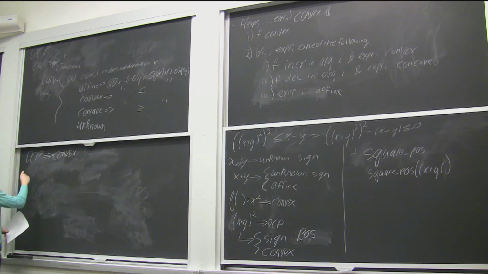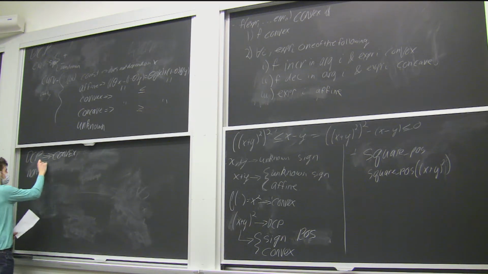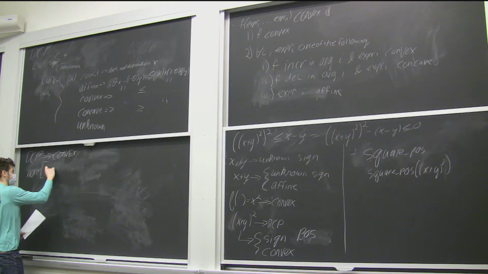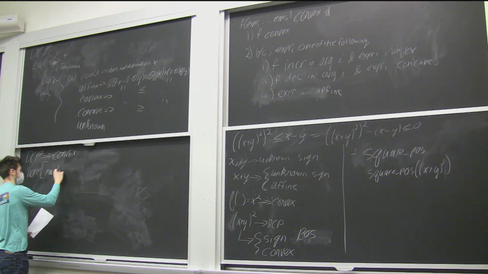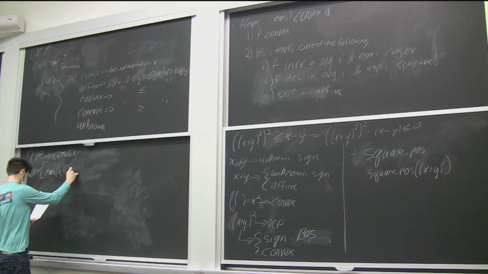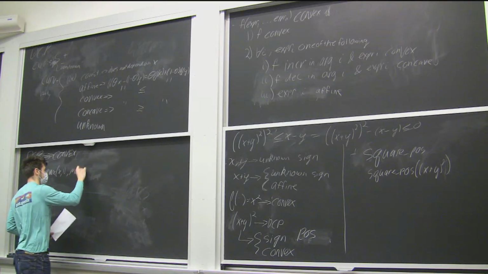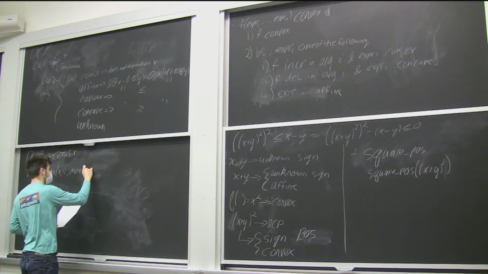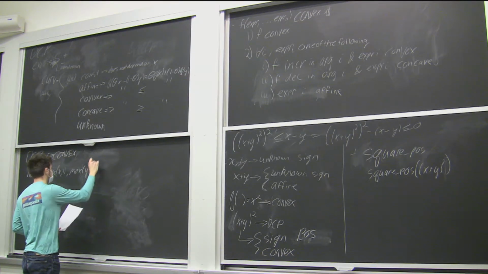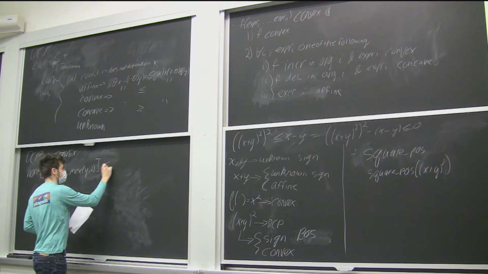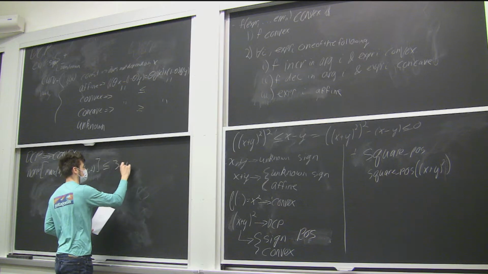Okay, so the second one is norm of max between x and 1, max between y and 2, less than or equal to 3x plus y.